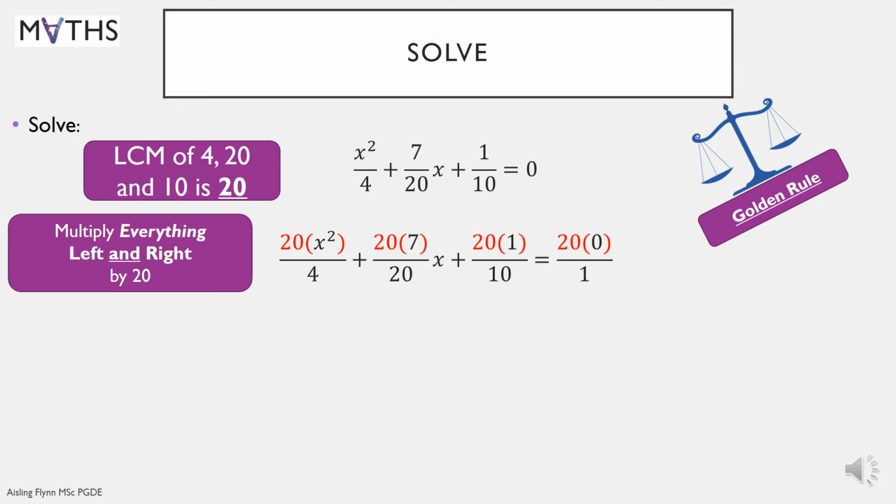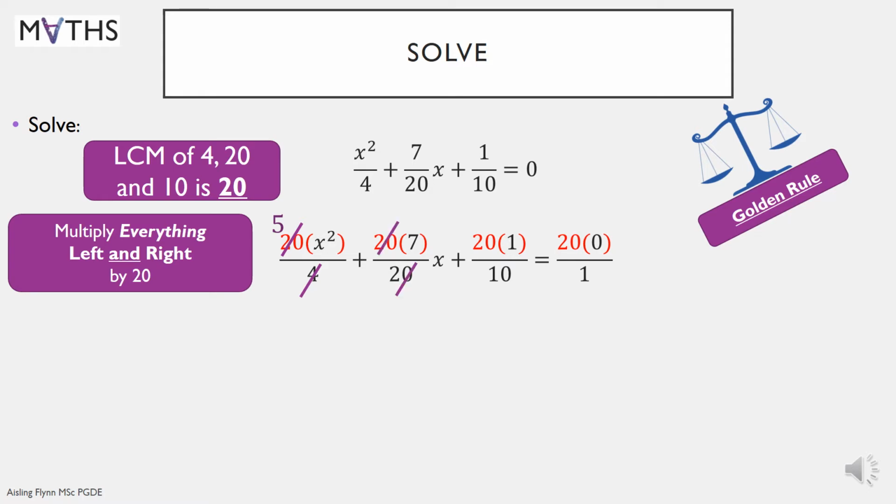It does help to use a different color pen when doing this. Okay, so what am I doing? I am multiplying every single term left and right by 20, thereby obeying the golden rule, keeping left equals right. Now let's do some division. So 20 divided by 4 is 5.